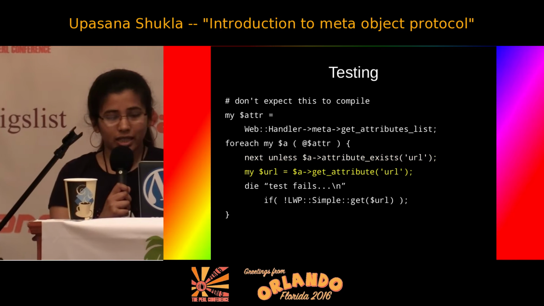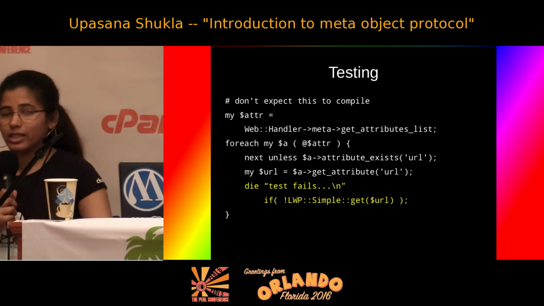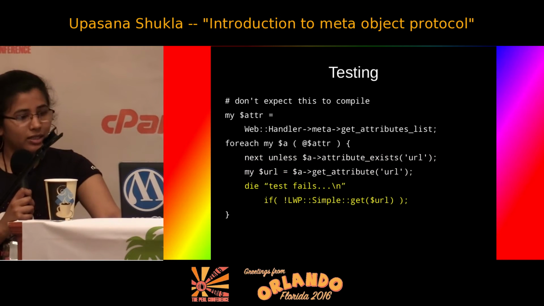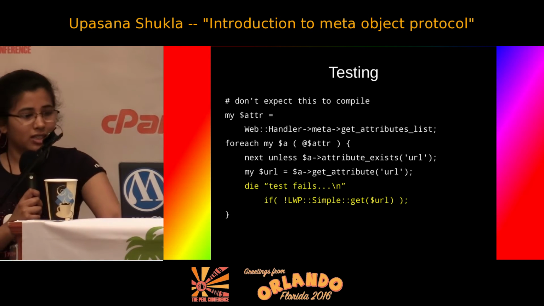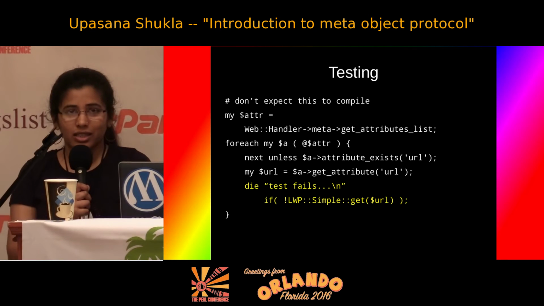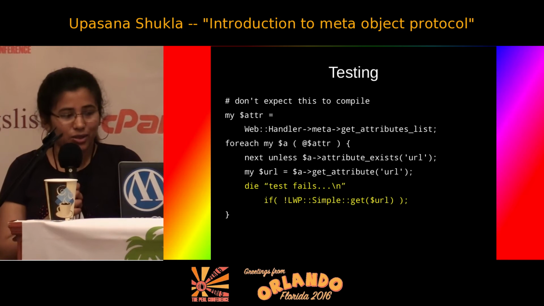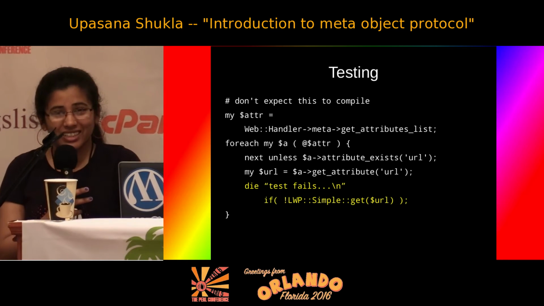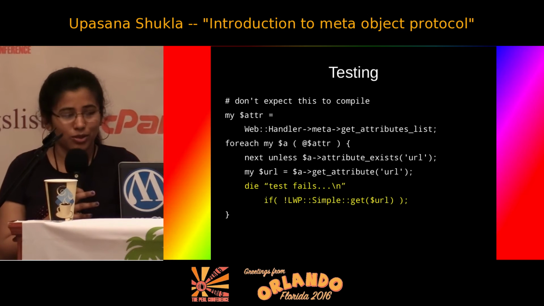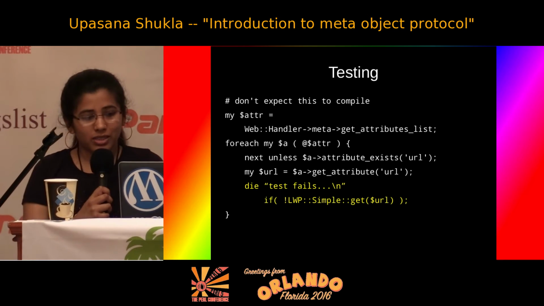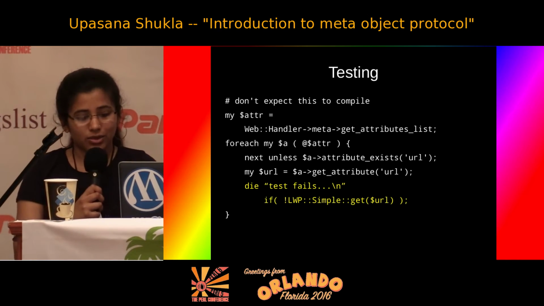Then I just check if there exists a parameter called URL. If there is, then just make a simple GET request to see if the page is loading fine, if there are any errors like 500, 400 or so. So yeah, that's very easy to do.